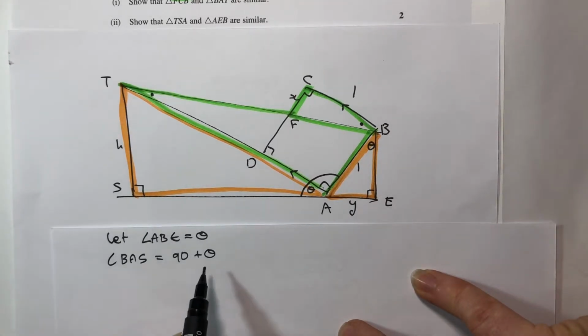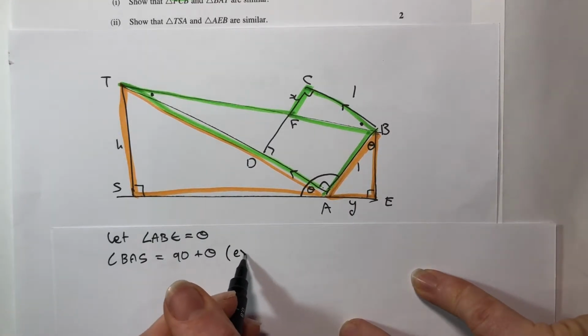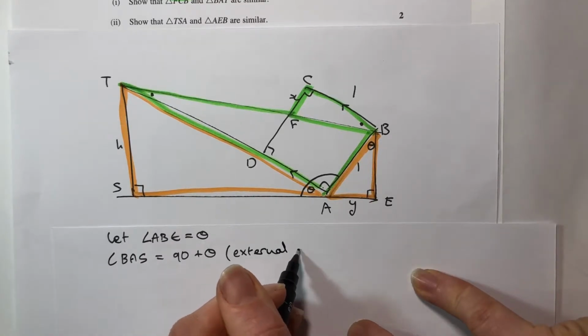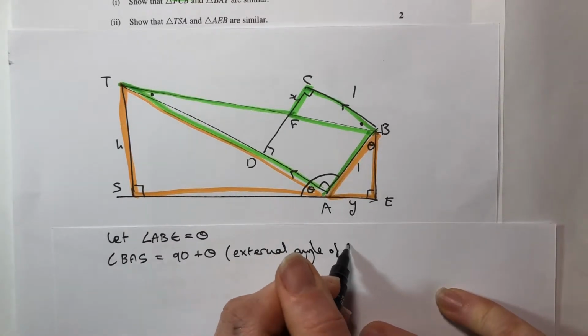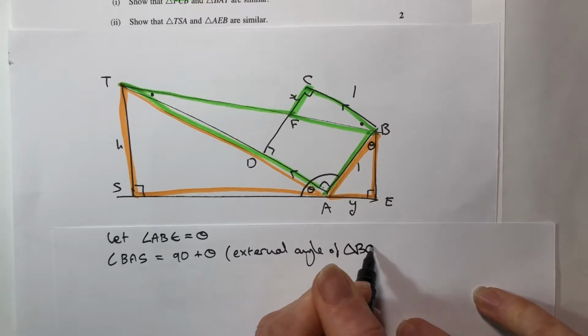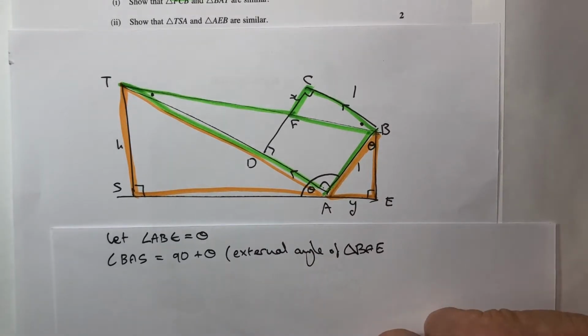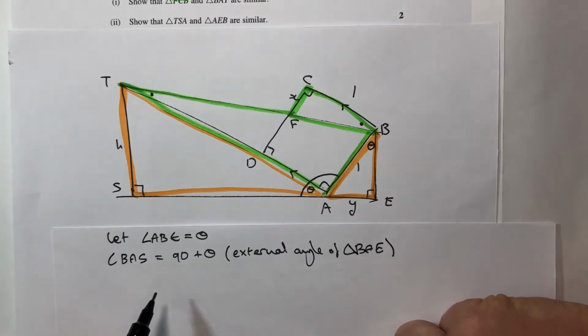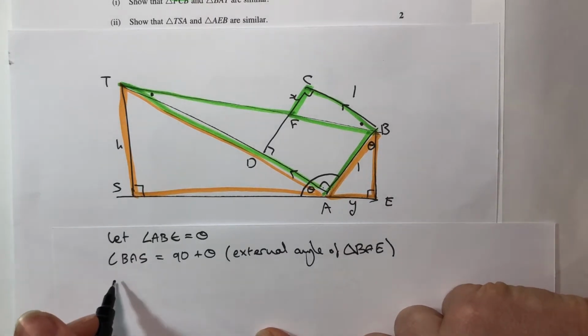Now I know that BAS equals 90 plus theta because it's the external angle. And this external angle is the sum of the two opposite interior angles.